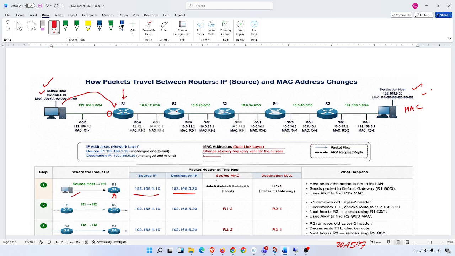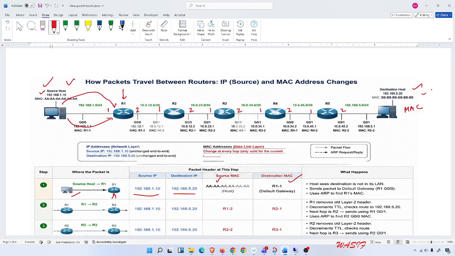So we have the source MAC address, and he is directly connected on this interface, or they are in the same network, so he knows the destination MAC address. Now look at here, what is the destination? So this is 1 and this is 2.